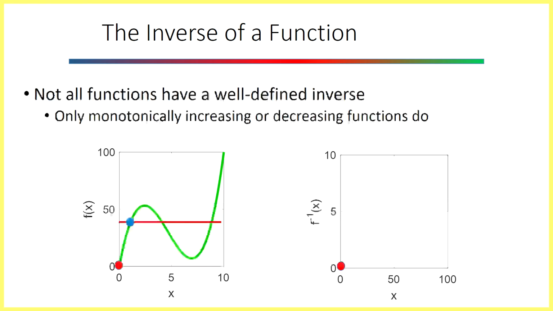F of 2 is 37, but we can't actually go ahead and state that f inverse of 37 is 2, because if we look at the graph closely, f inverse of 37 would also have to be equal to approximately 4 and approximately 9. If we put 37 into f inverse, we would not actually know what to do. For this reason, we state that f of x does not have a well-defined inverse.